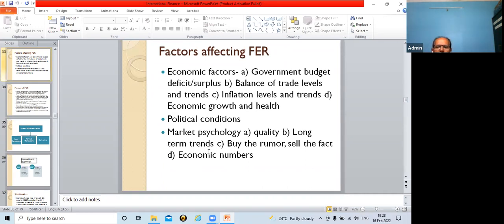So for petrol and diesel, we depend on the Gulf countries. So this is the exception to the long-term trend. Though we have been importing crude oil from Gulf countries to India for several years, do not consider this example.